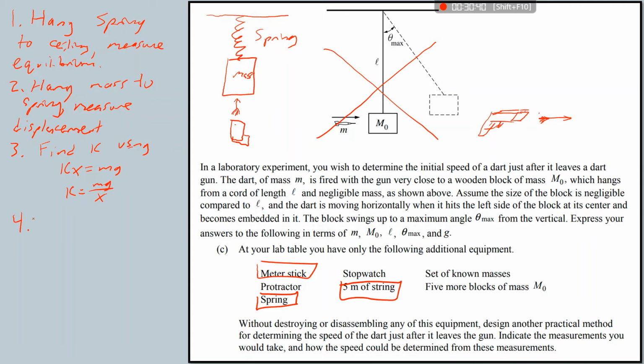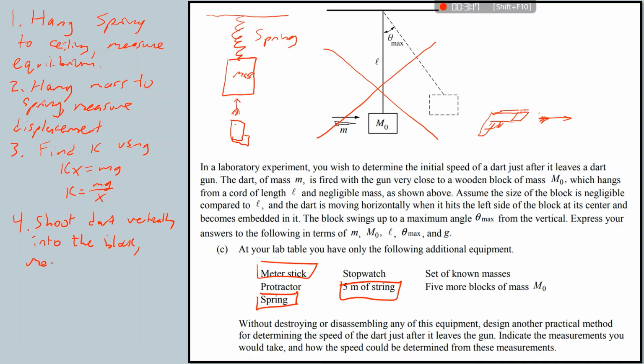Okay, now I'm ready to bring in the pistol. What do I want to do with the pistol? We shoot it vertically. Okay, and then what are you going to measure? The displacement.